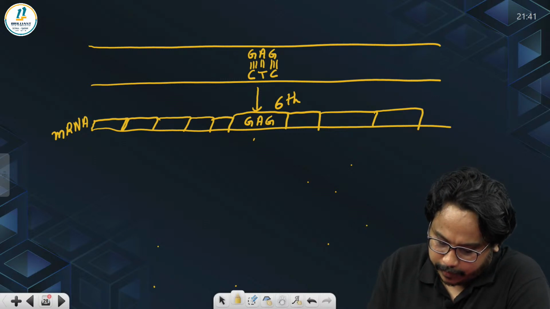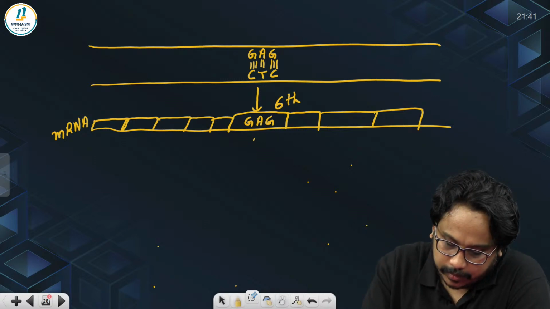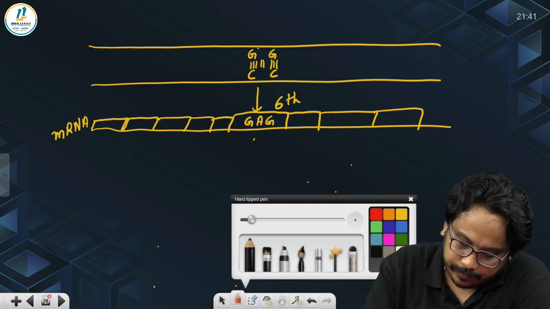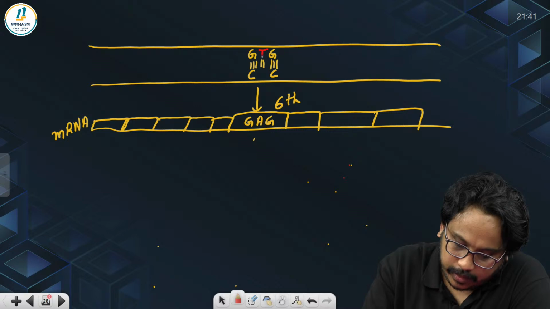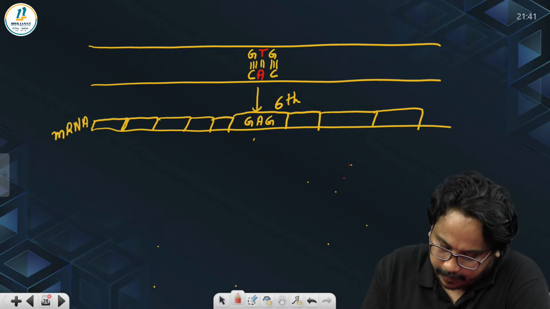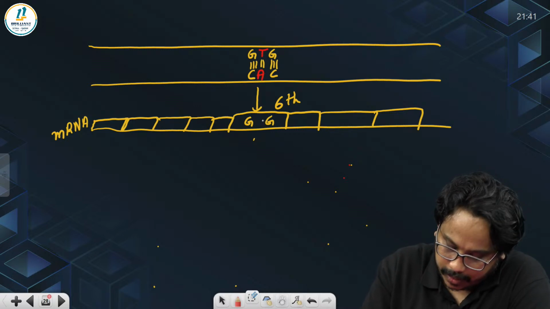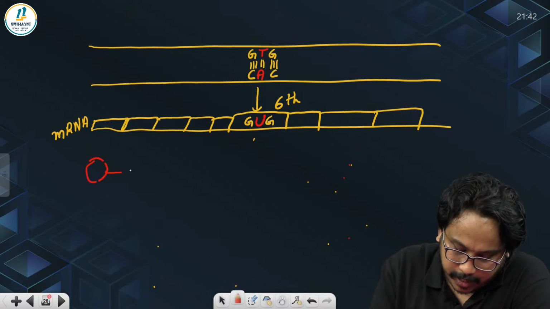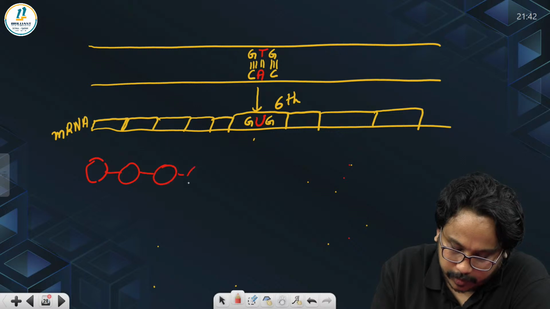Now you can see whenever there is a mutation, this AT will be turning into TA. If that happens, GAG will be coding for GUG, like that it comes when the amino acids are formed.